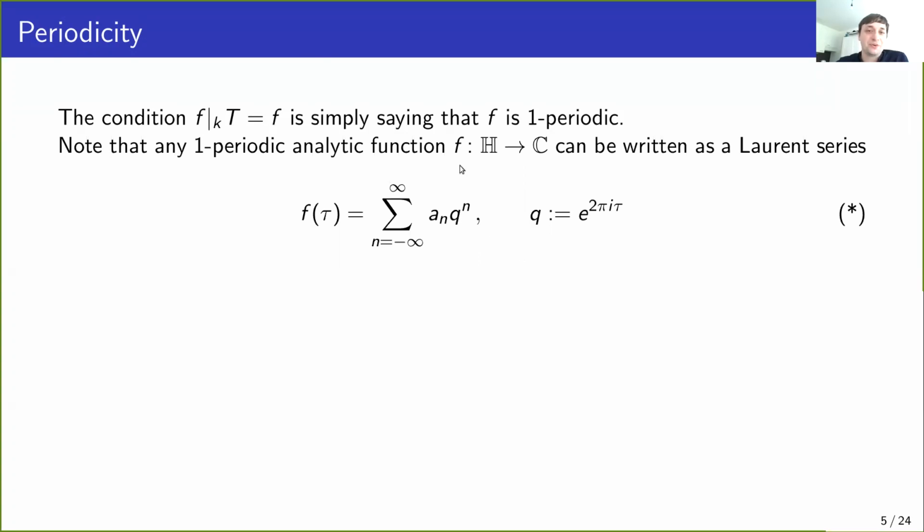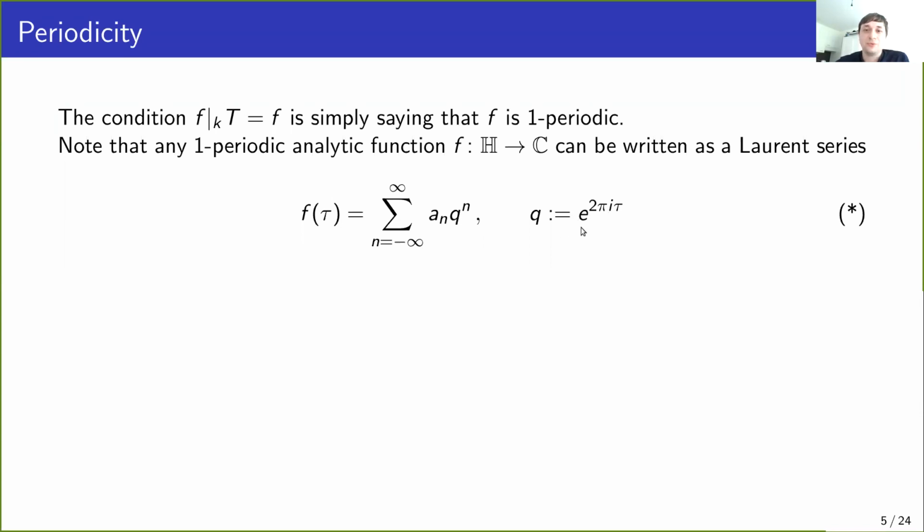So any one periodic function, as long as it's holomorphic in the whole upper half plane, can be developed into a Laurent series. So it has possibly infinitely many terms which have negative powers of q.